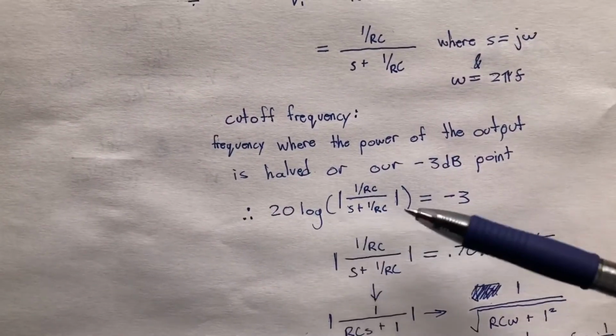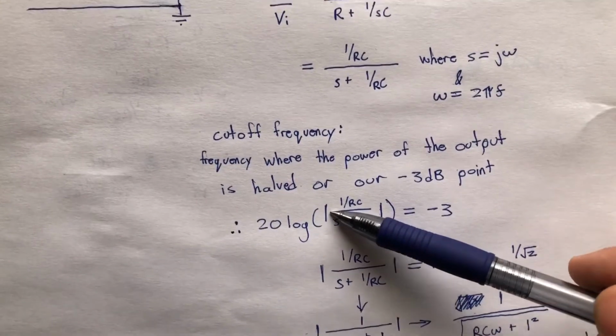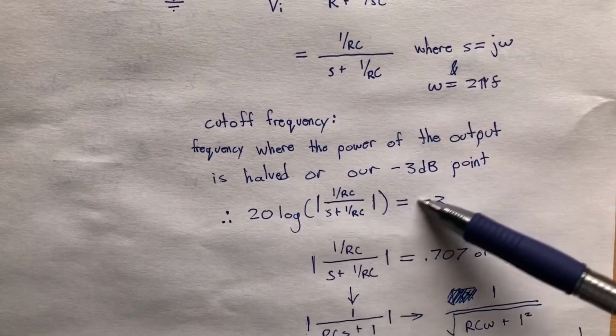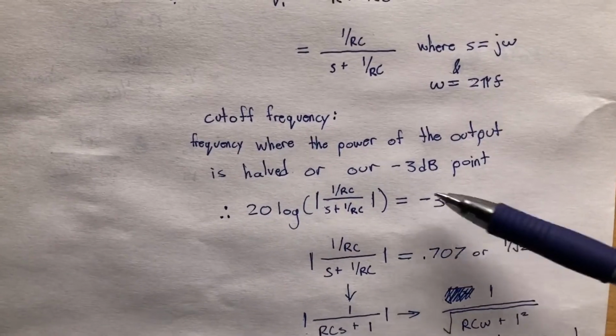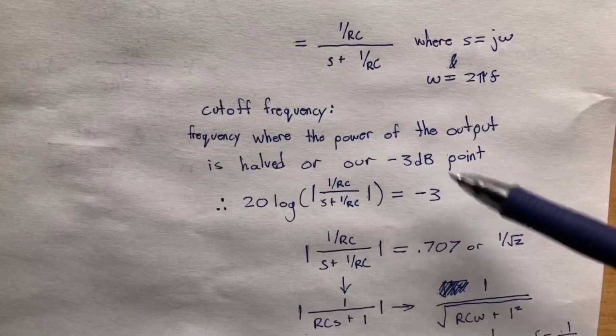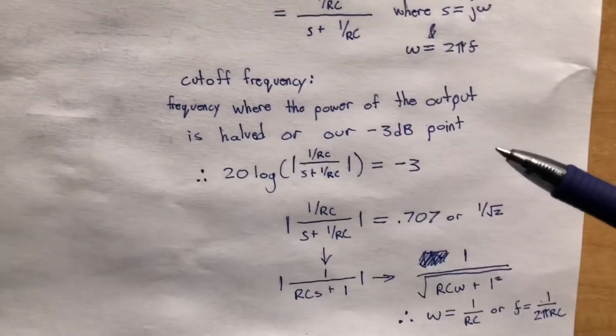20 log, and then magnitude of the gain equals -3. So I just set that as a -3 so that I can figure out what the cutoff frequency is.